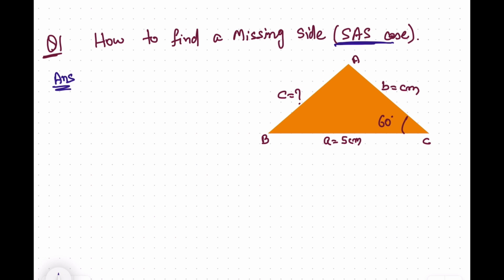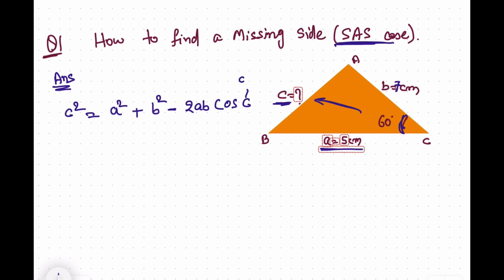Here you can see in this triangle a is 5 centimeters. Let's suppose b is 7 centimeters. Angle C is given as 60 degrees and we have to find the side c. So we can apply c squared equals a squared plus b squared minus 2ab cos C. This C is the angle here, right?